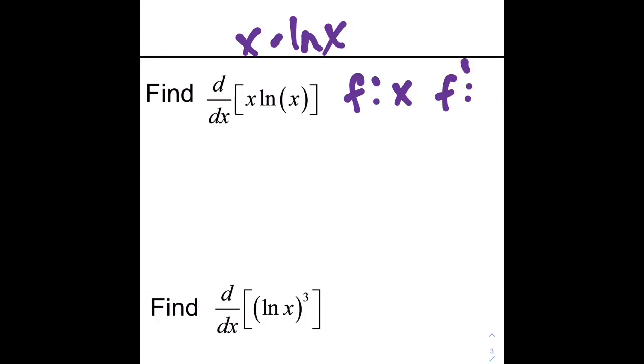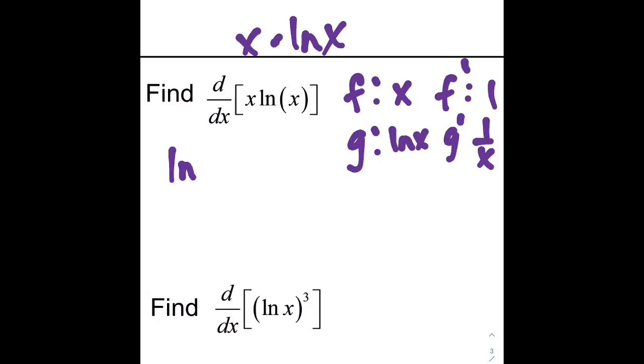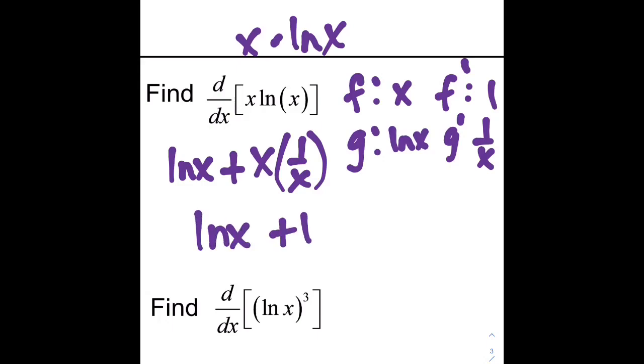And then g is the natural log of x, and g prime is 1 over x. So when we do f prime g, I get the natural log of x plus x times g prime, which is going to yield a final answer of the natural log of x plus 1.